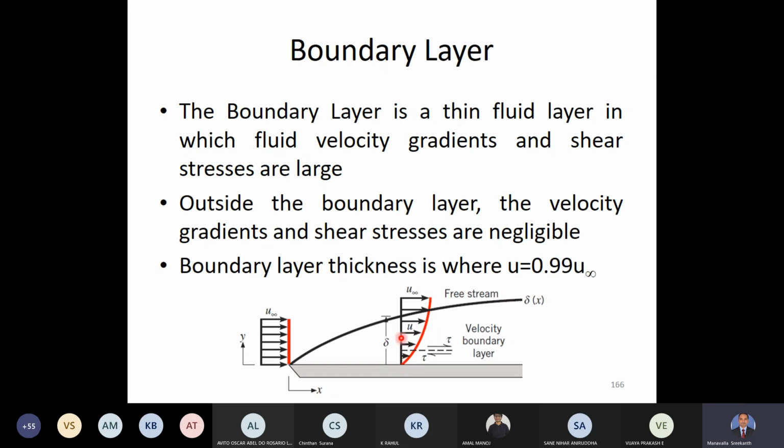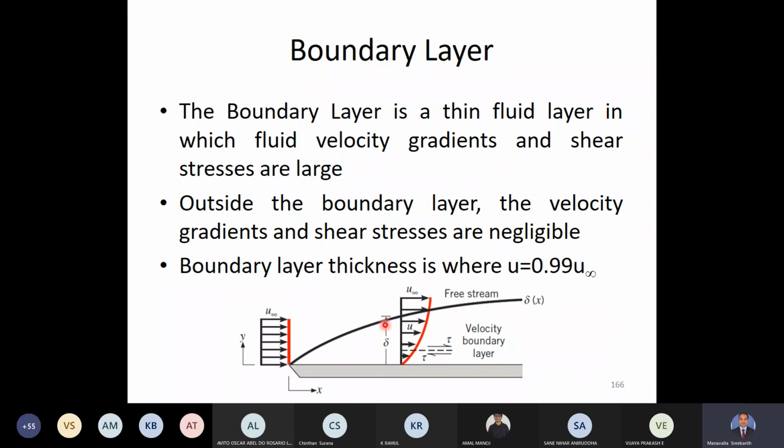But as you move up, the velocity increases. You can also see the length of this arrow keeps increasing as you move up. So the velocity is increasing as you move in the y direction, and at this point, the velocity will be equal to 99% of the free stream velocity. That point is called the boundary layer thickness.